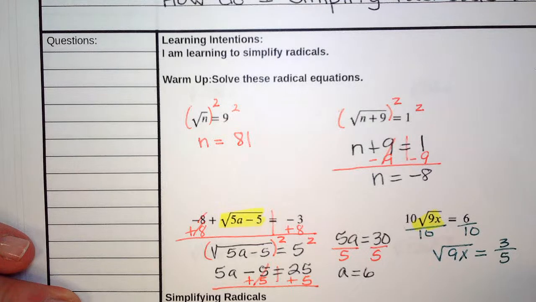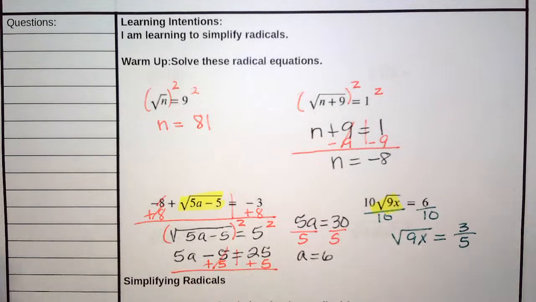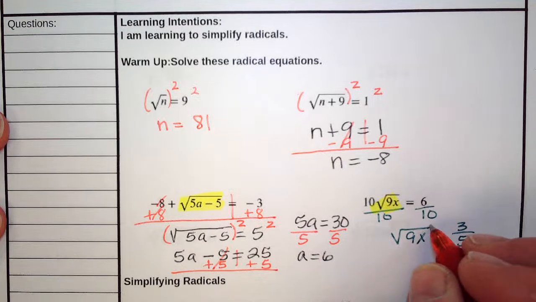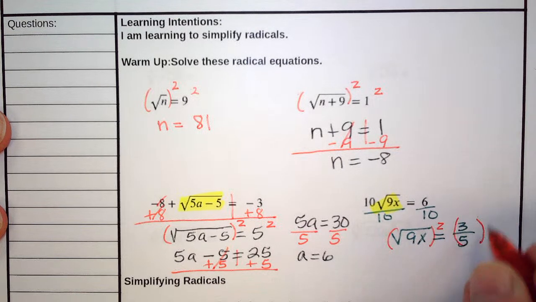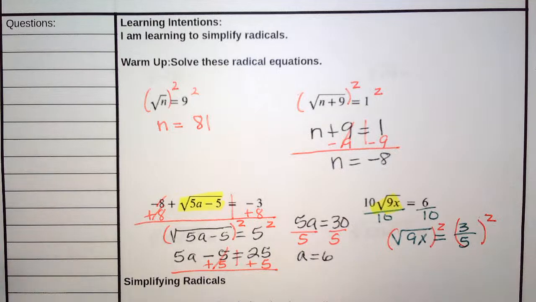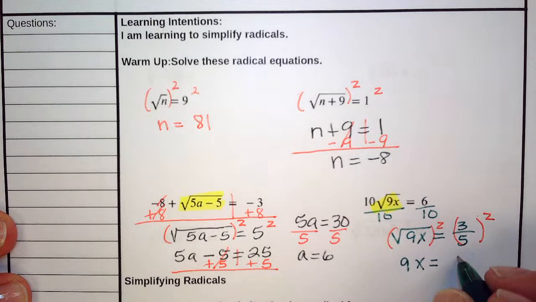Now what? Opposite of square rooting is squaring. So I square both sides. 9x is equal to 9 over 25.